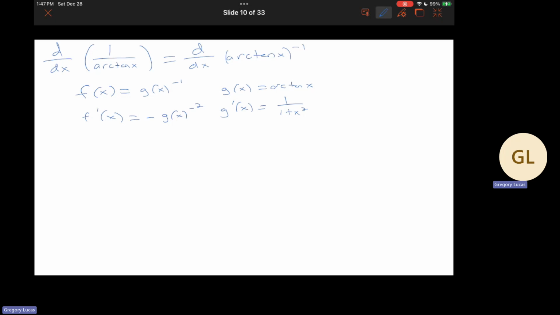And then when we plug it all in together, we would get negative 1 over arctan of x squared. So remember, that's the same thing as minus g of x to the negative 2. And to the negative 2 power means we can move it to the denominator and square it. And then times g prime.